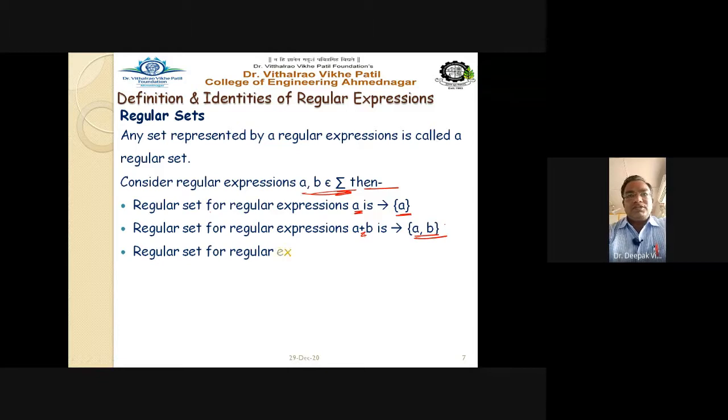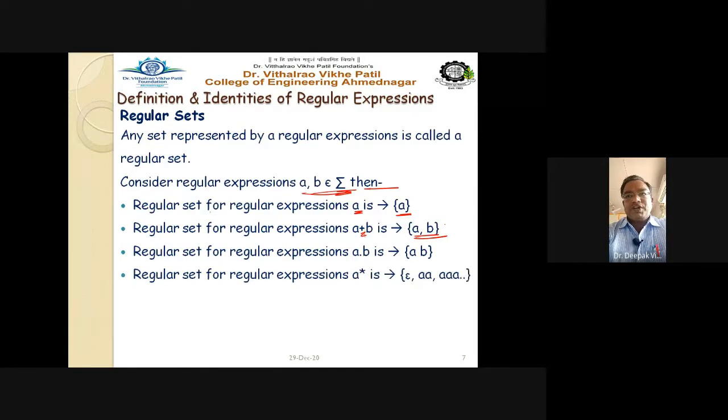The regular set for a dot b is written as ab. The regular set for a star, that is your closure operator, is first epsilon, then single a, then double a, triple a, and so on.